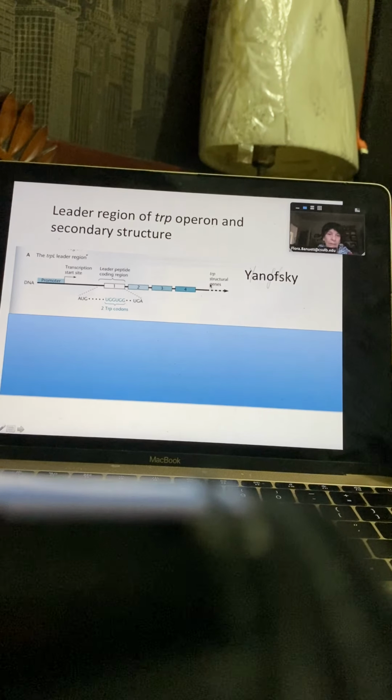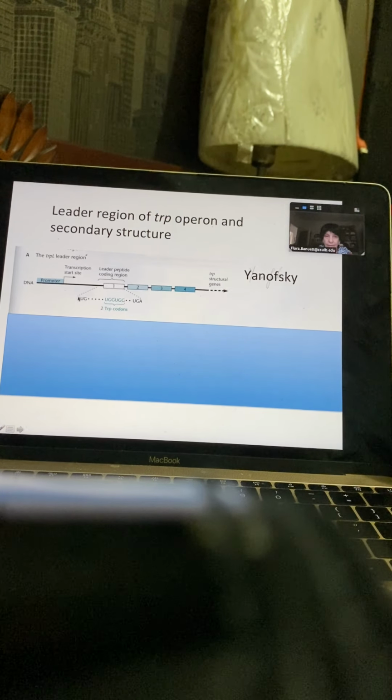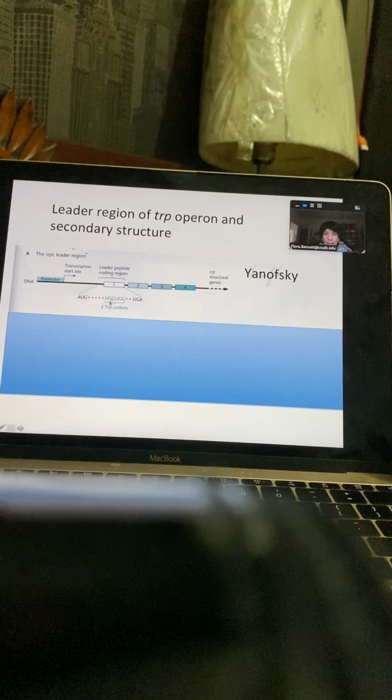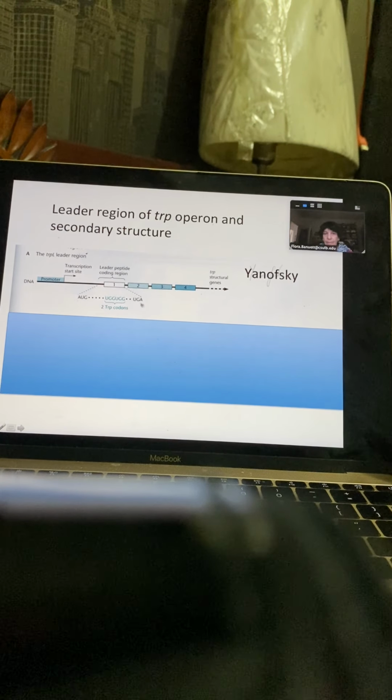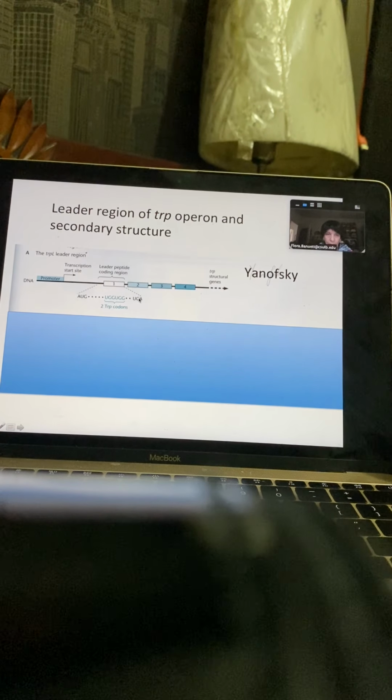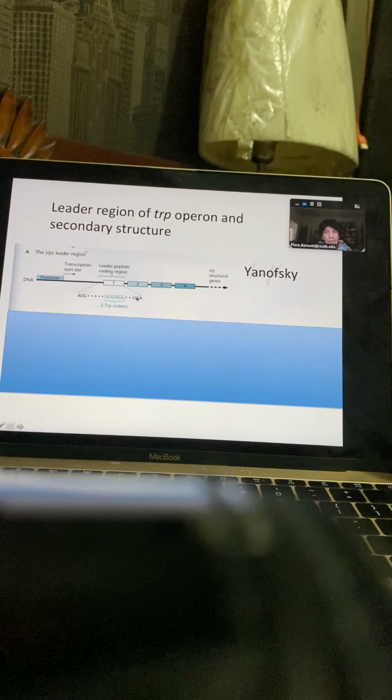And here is where the structural genes start. Trp will start there, downstream. Okay, so in the first region, you have a start codon, AUG, and somewhere downstream of these you have 2 trip codons, UGG, UGG. Okay, and then you have a terminator for translation, UGA. A nonsense codon, not a terminator for transcription, but a termination for translation.